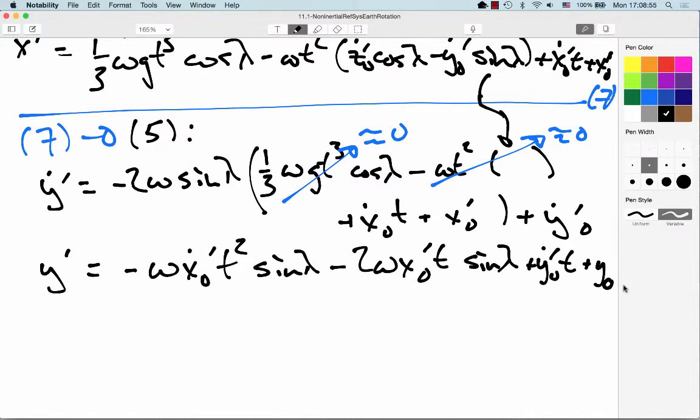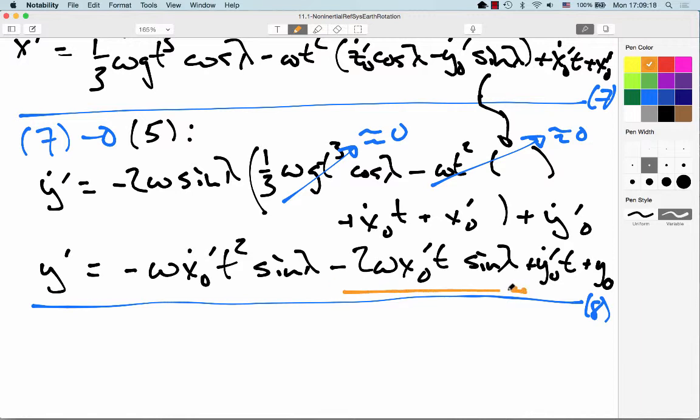There, why not? All right, we'll call that guy equation 8, just for keeping score. By the way, if you are following with your text, this term here was dropped by your text.